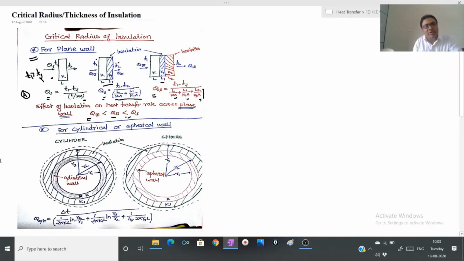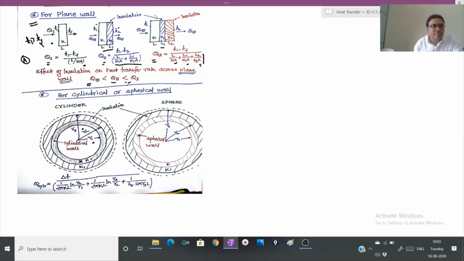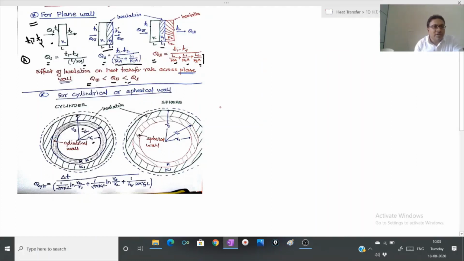Now let us talk about cylindrical or spherical wall. So let's say there is a hollow cylinder of inner radius R1 and outer radius R2 and having thermal conductivity K. Now it is provided an insulating material layer of radius R3 and having thermal conductivity K1.